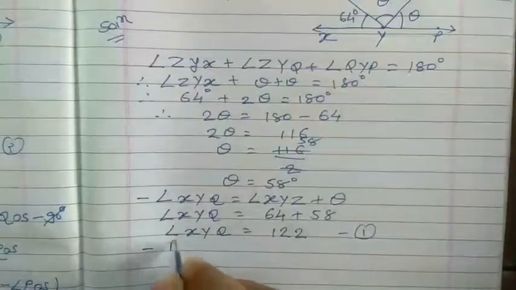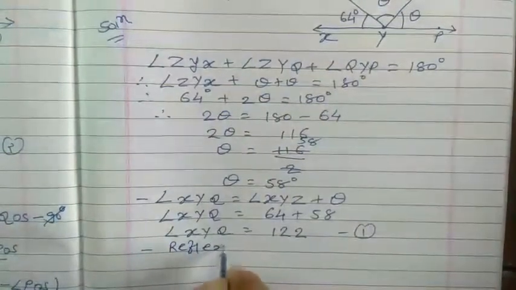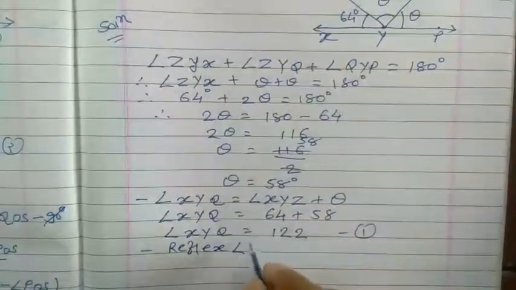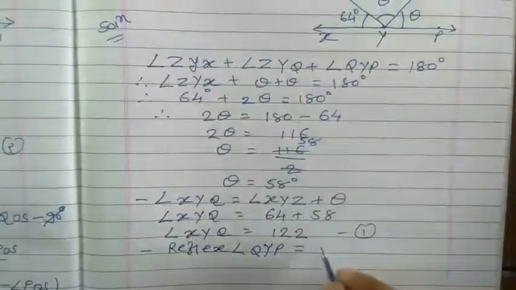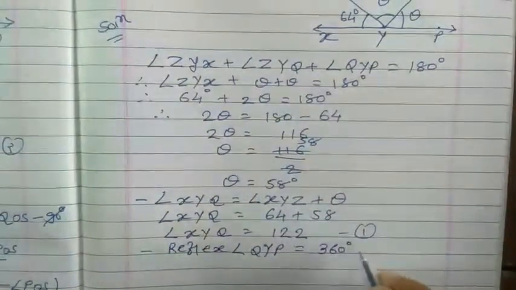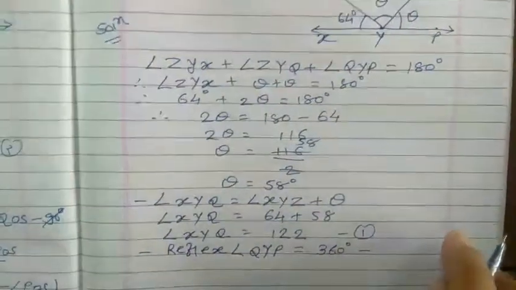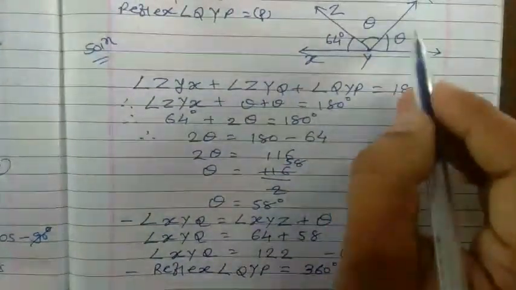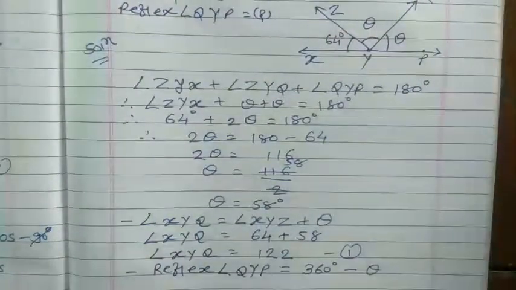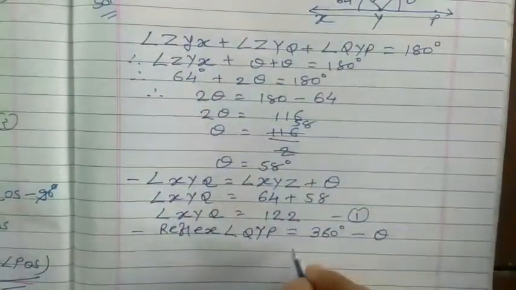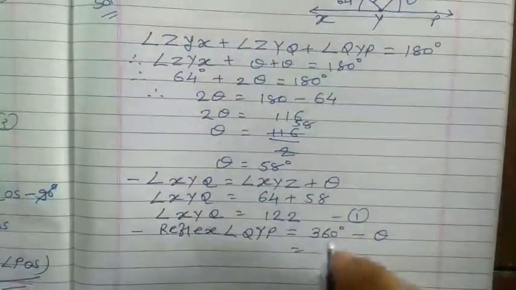Now second. Reflex angle QYP is equal to 360 degrees minus theta. QYP, that means theta. And we know that value of theta is equal to 58.